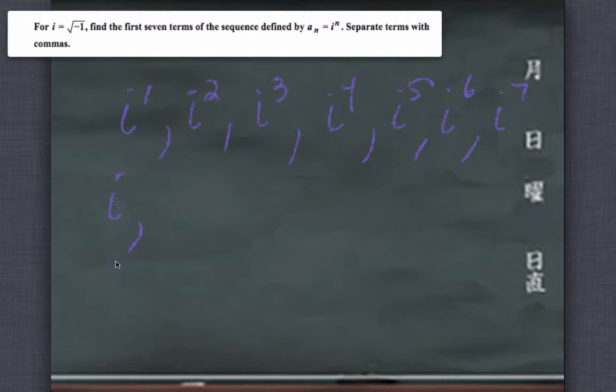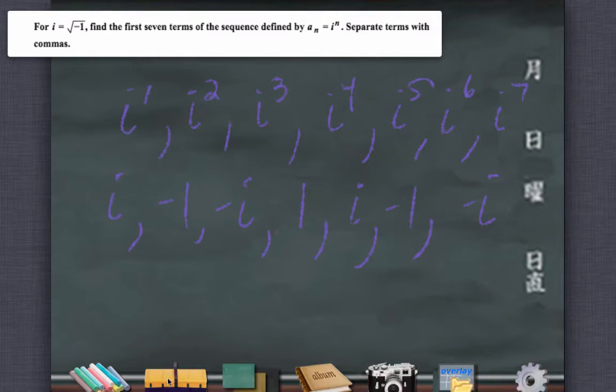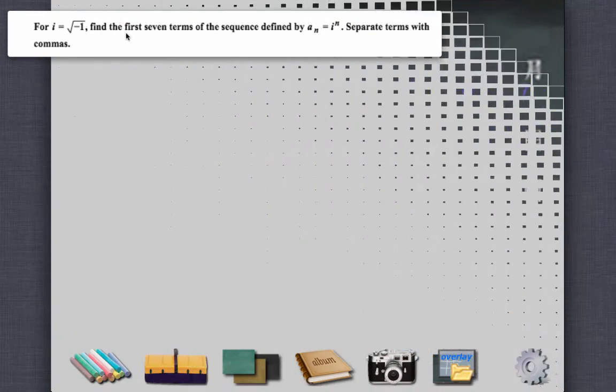This is i squared is -1, multiply by i again, you get -i, multiply by i again, and you get -i squared, so -1 times -1, and then you multiply that times i, you get i, times i again is -1, times i again is -i. That pattern continues off to infinity.